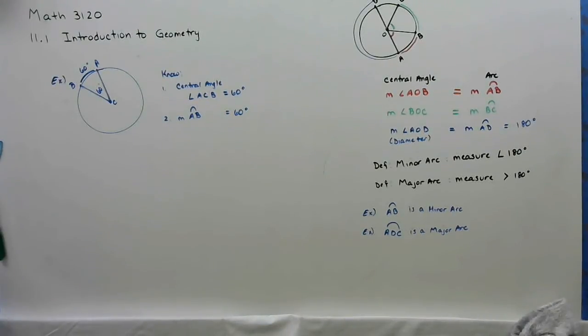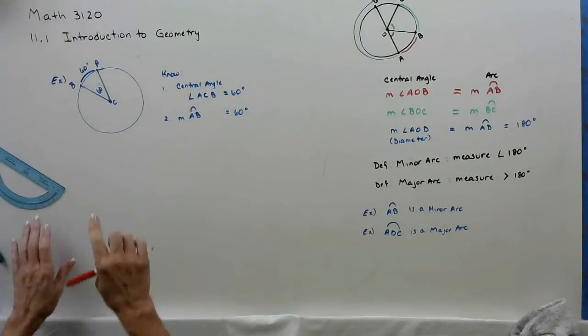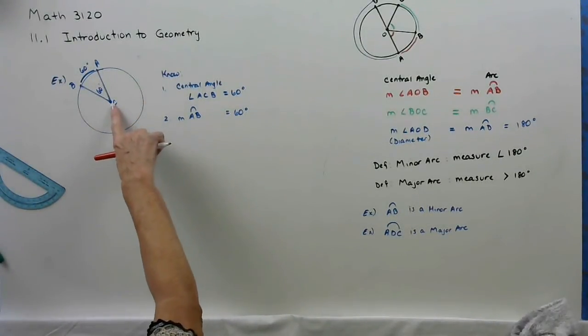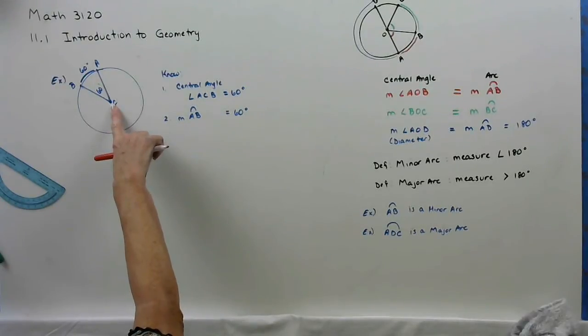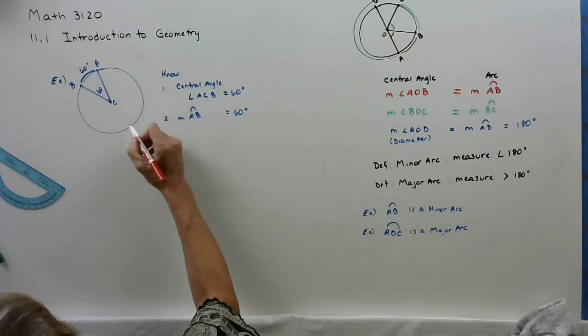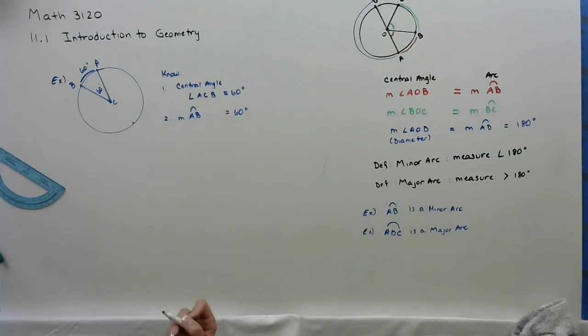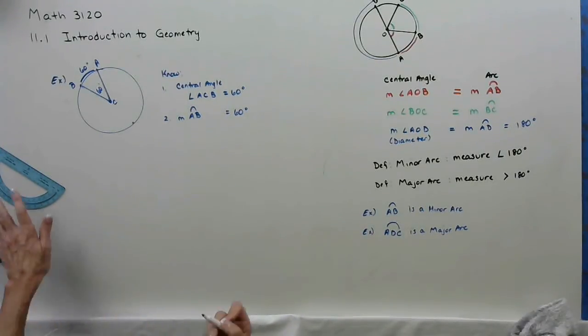But the cool part is, and we don't have to prove it in this class, we're just going to be able to use it, watch what happens if I take these same points, A and B, but instead of having the vertex at the center, I'm going to put the vertex clear across the circle.